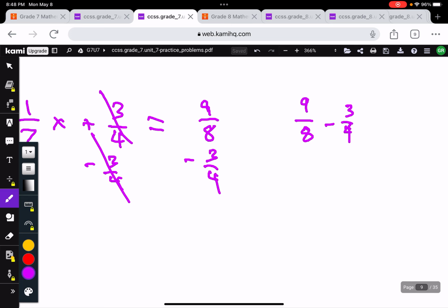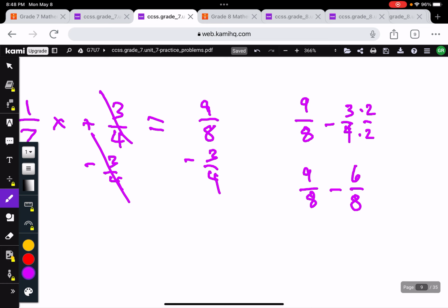9/8 is going to stay 9/8. Minus, if I turn this into 8, well, I got to times it by 2, and I got to times the top by 2. 2 over 2, by the way, is 1. 3/4 times 1 is still 3/4. Just doubling it. So 3 times 2 is 6.